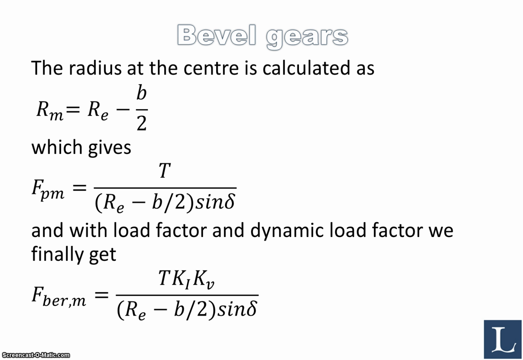You can go back and look at the figure showing the geometry of the bevel gears to find how this expression is derived. This then gives you the peripheral force at the center as the torque divided by Re minus b over 2 times sine of the pitch angle.